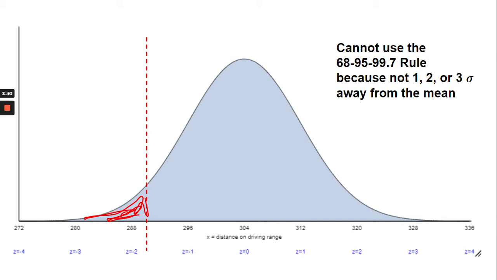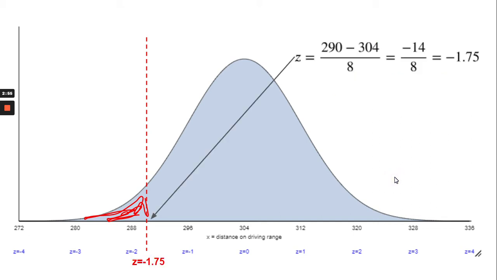So we can't use the 68, 95, 99.7 rule. As a matter of fact, if we use the work that we just did calculating z, we can find out that it's 1.75 or 1 3/4 standard deviations below the mean. So see how I did that? 290 minus 304. So that's 14 units below the mean, but measured in standard deviations, dividing by 8, that's negative 1.75.